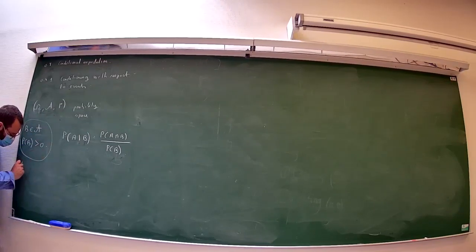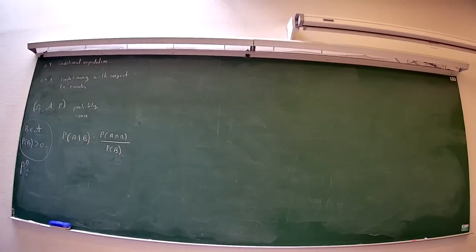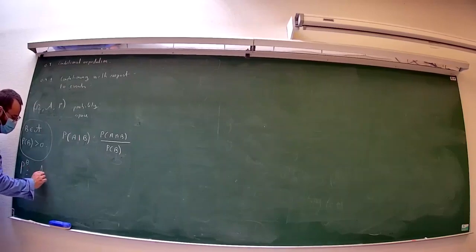If I do this, I can define what we call the conditional probability given B, that is the following mapping.